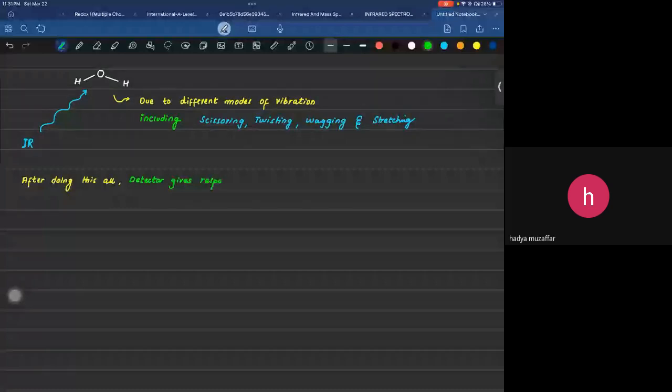Now it will give a response, what pattern will it have, you can see over there.